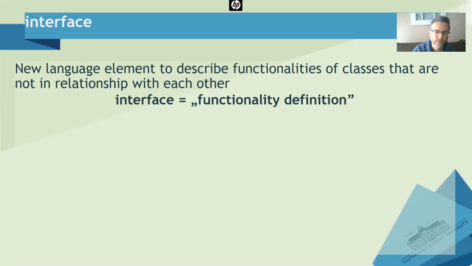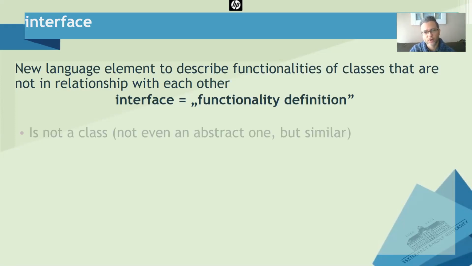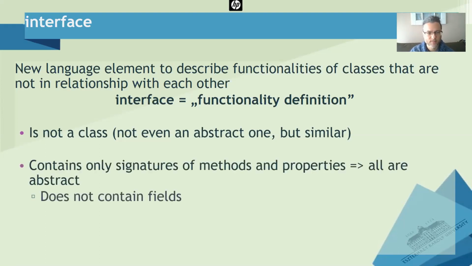So actually, an interface defines a functionality. It's not a class, and not even an abstract one, because classes are too restrictive, but it is really similar to classes, as I already explained.